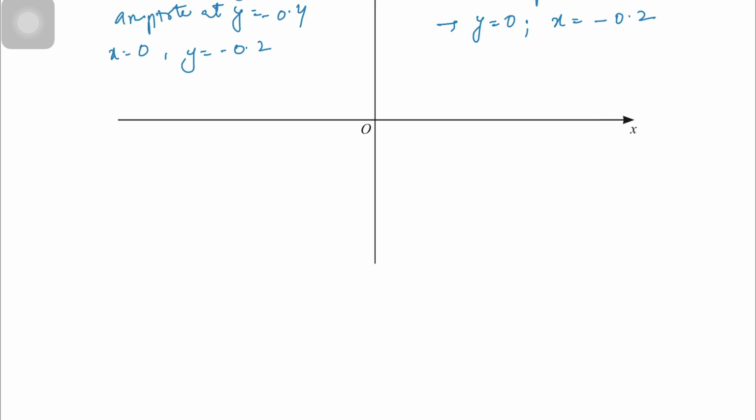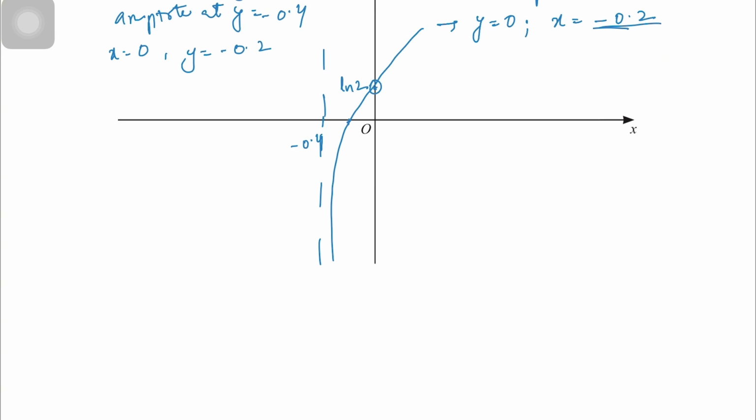So x equals 0 when y equals ln 2. Let's suppose this is ln 2. So this is our point. We have an asymptote at x equals negative 0.4. Let's assume this is 0, and this is negative 0.4. And we have our y equals 0 at x equals negative 0.2. So this is basically our graph.